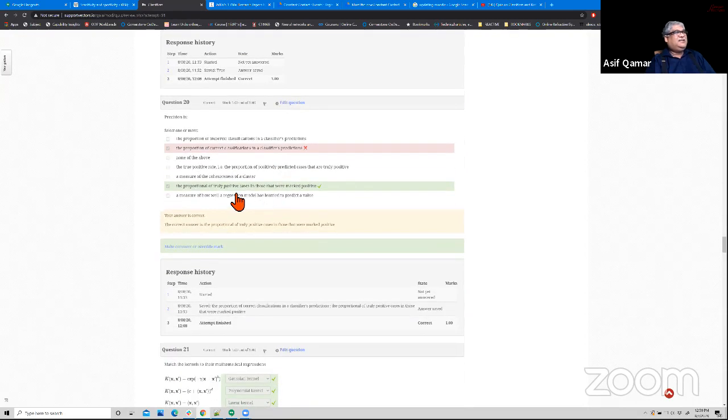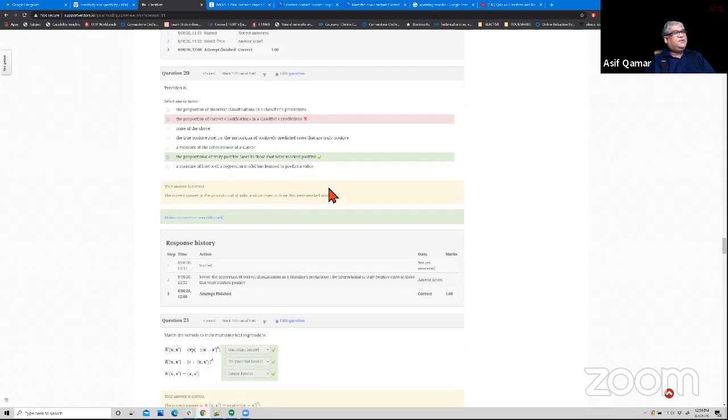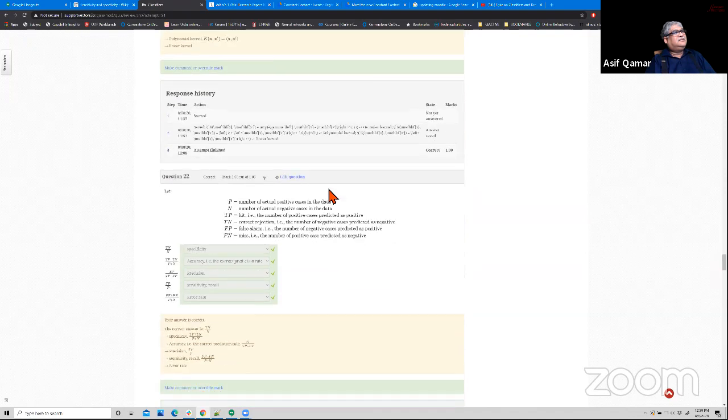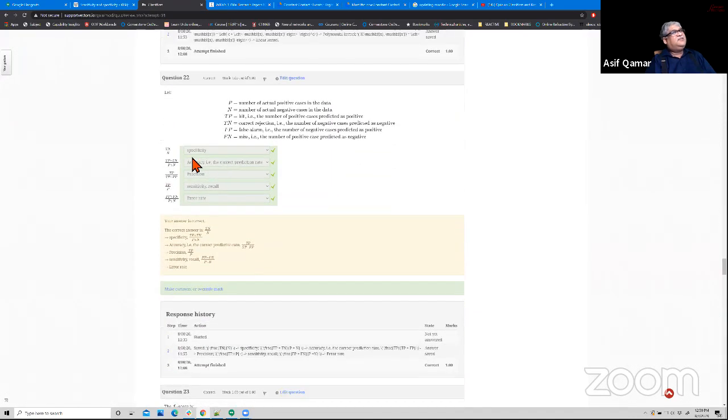Precision is, what is precision? Precision is exactly that, the proportion of true positive cases in those that were marked positive. So suppose you say that these people have the disease, what proportion of them actually had it? That is the precision. Kernel, then this matching is correct.